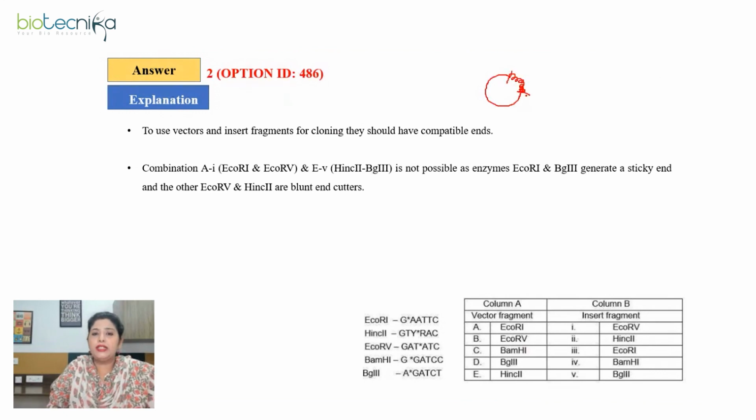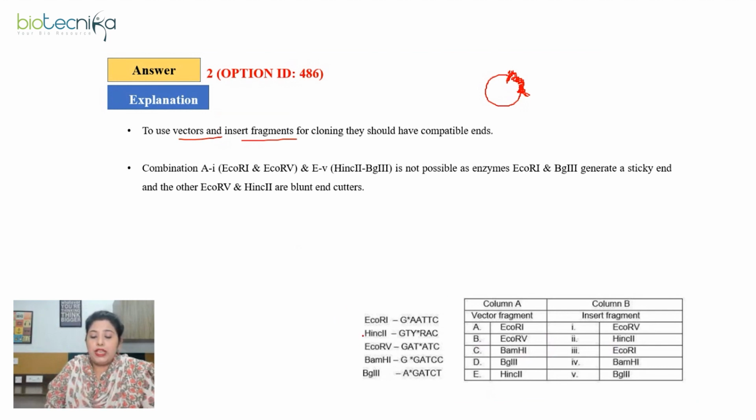Ligation is done by the ligase enzyme. But basically, the binding of the vector with the insert will take place if they have sticky ends, compatible ends, right? So to use vectors and insert fragments for cloning, they should have compatible ends. So that means here we have to compare, right?